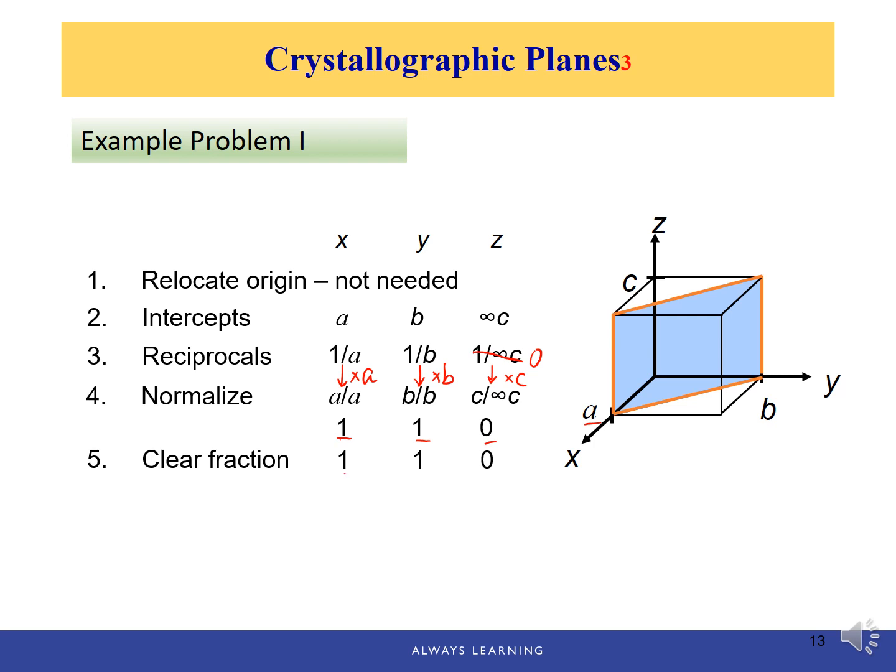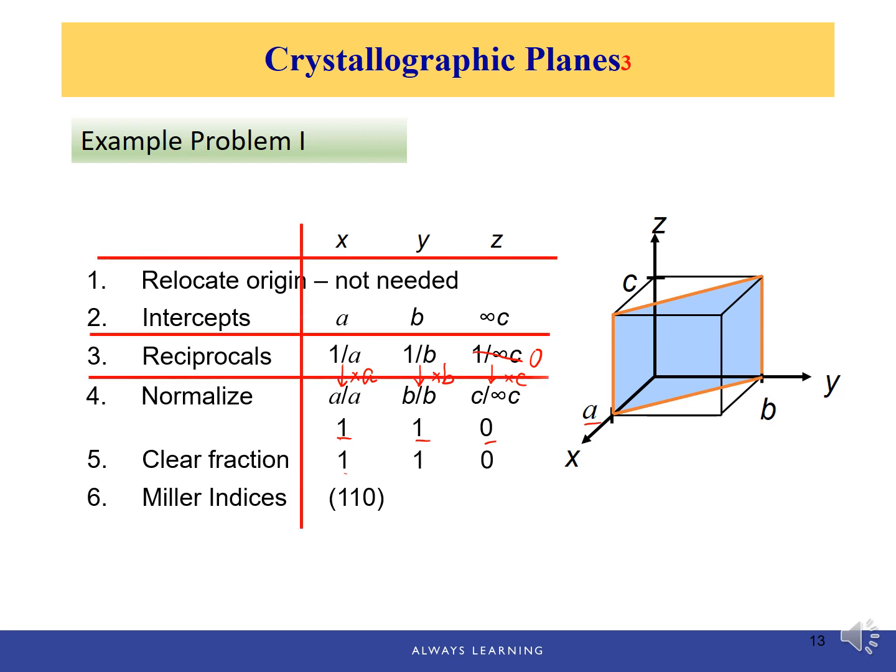But clearly we do not have any fractions, so it will be the same value as step 4. And we're going to enclose all the values in a pair of parentheses, but do not have commas between the values. So typically, if I'm going to work on this problem, I will set up a table and put the steps in each row.